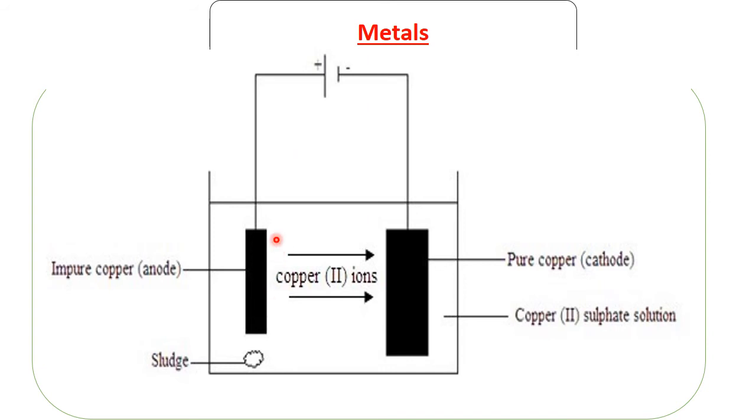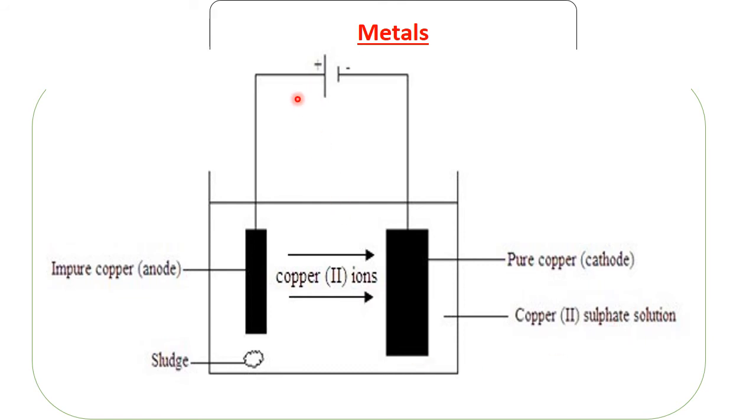The anode in this apparatus is made of the impure copper which we are planning to purify. So we get that copper which we have gotten from that thermal decomposition, we use it as an anode. Then the cathode, we need a pure copper. Okay, then the electrolyte that is used is a solution called copper 2 sulfate solution.